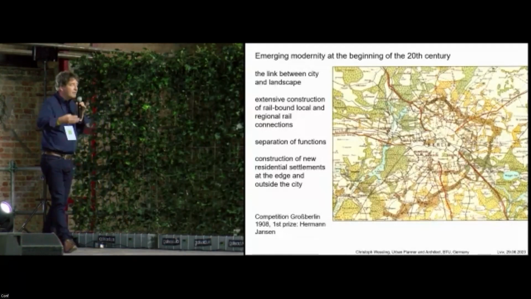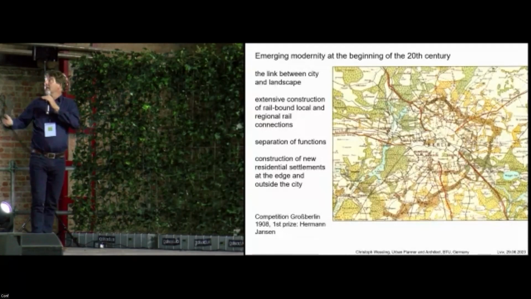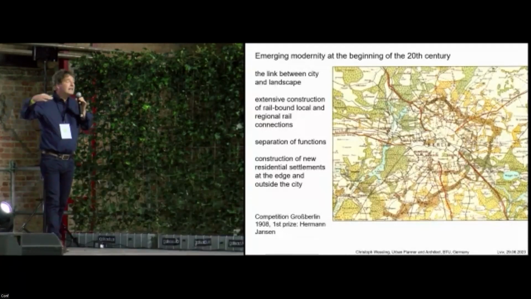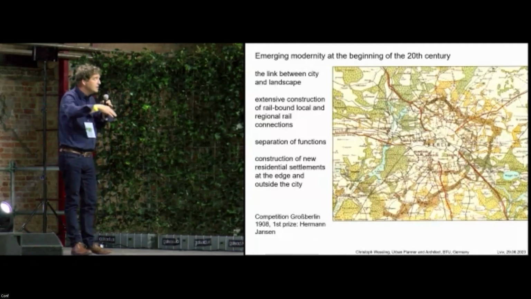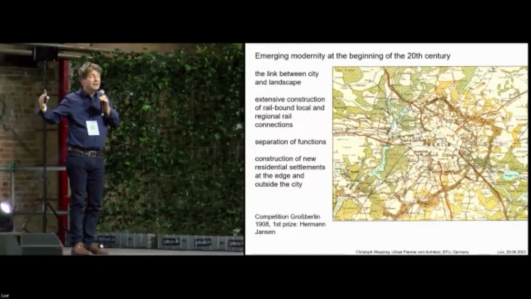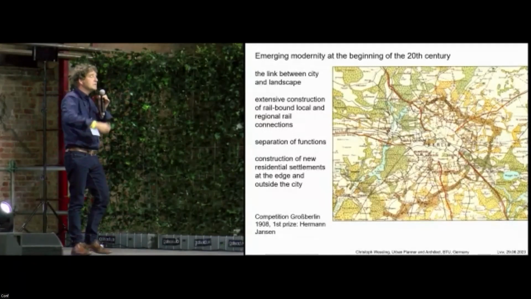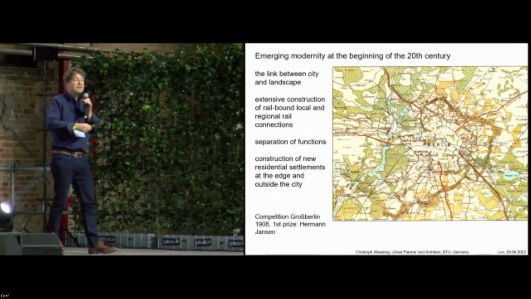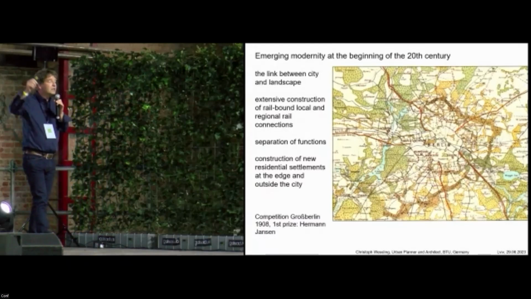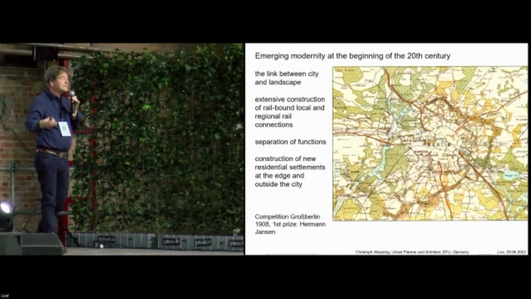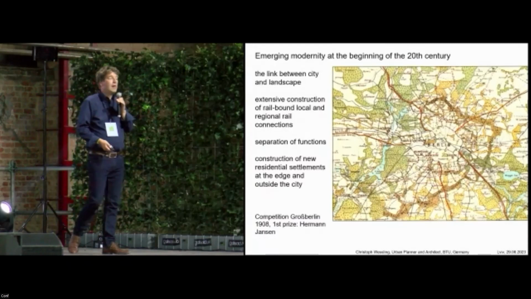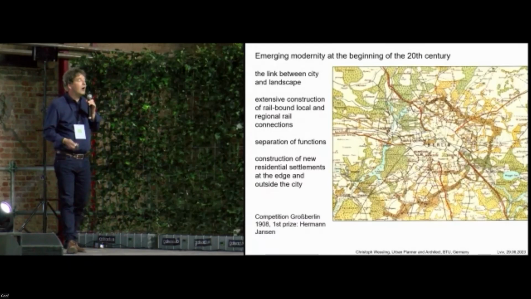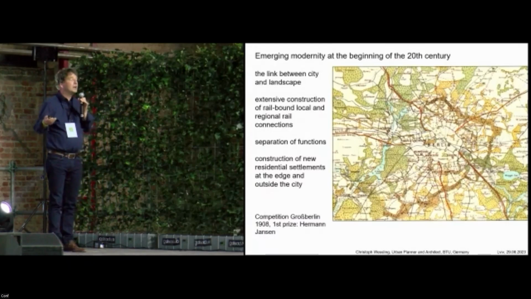The idea was that by linking this, nature and better air can be brought into the city, and on the other side, people can live outside and go to the inner city with public transport, living in better, healthy living conditions outside. So this was the start of modern urban development, with these ideas of separation of functions.